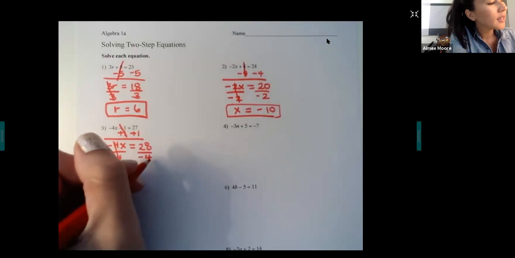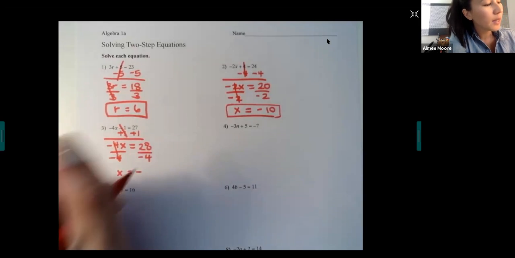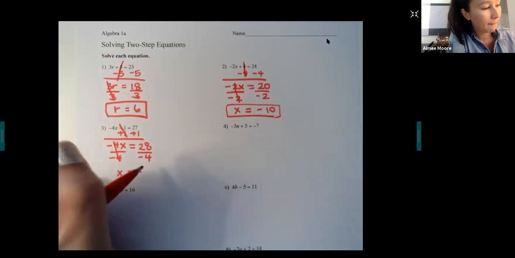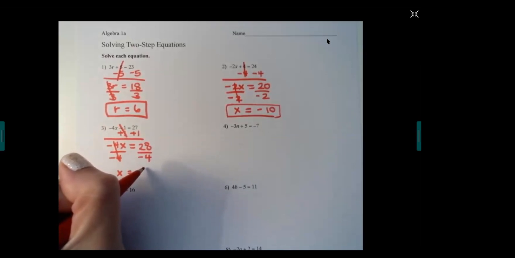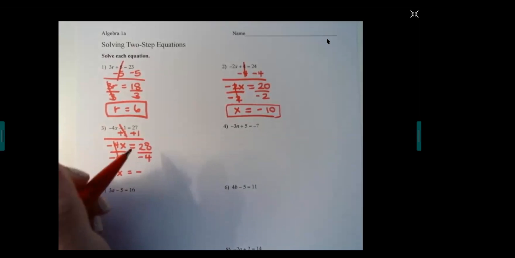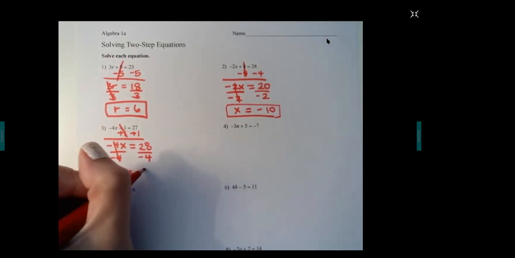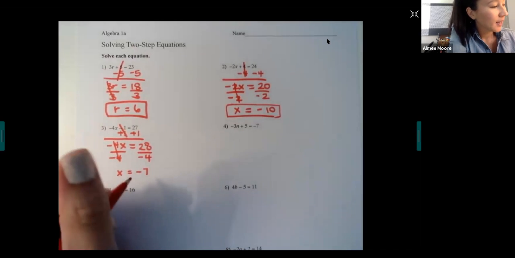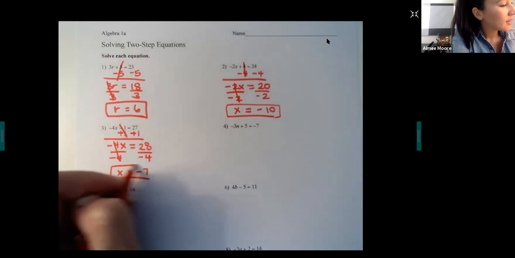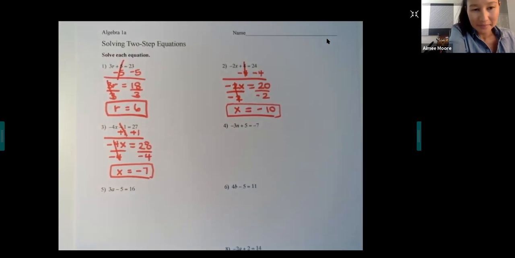So 28 divided by 4. What times 4 is 28? Seven. So it would be x equals negative 7. Very good.